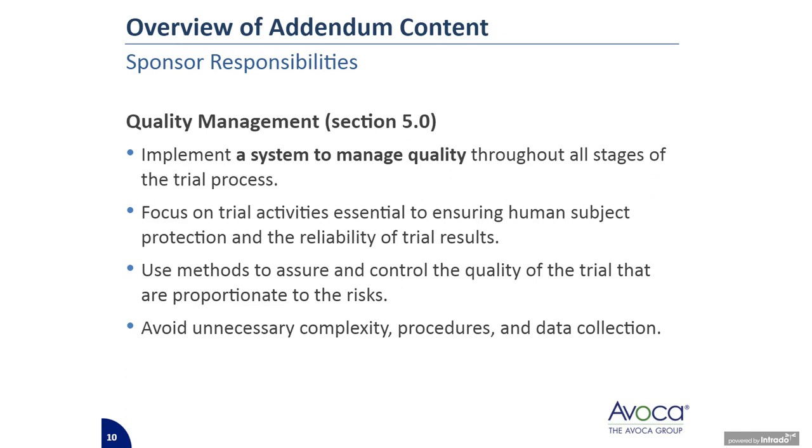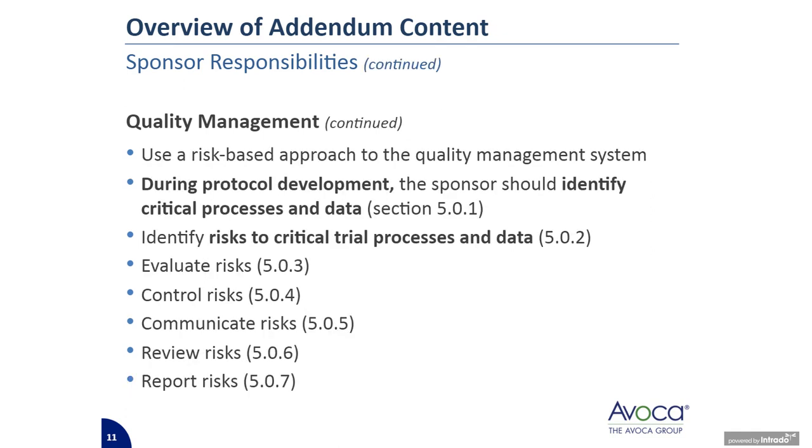You're also advised to avoid unnecessary complexity in procedures and data collection, and complex processes are inherently risky and pave the way to protocol deviations, as I'm sure you all know.